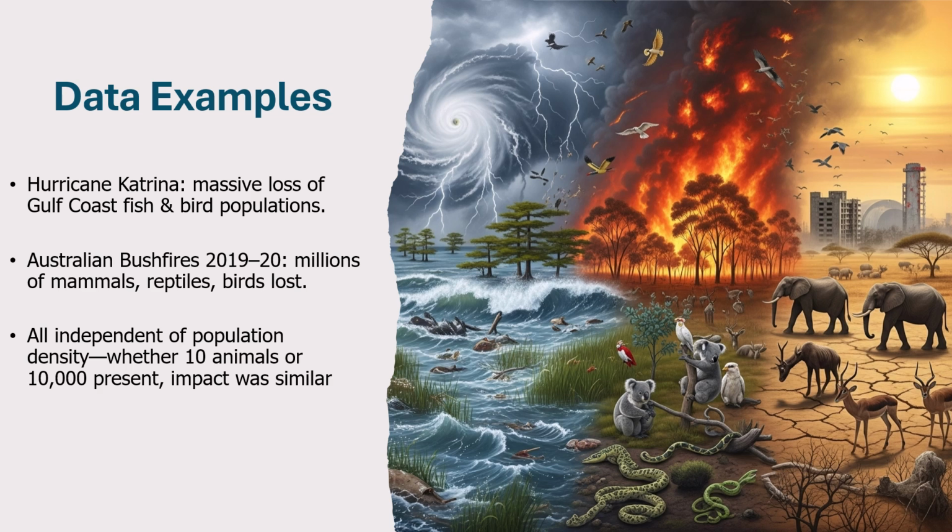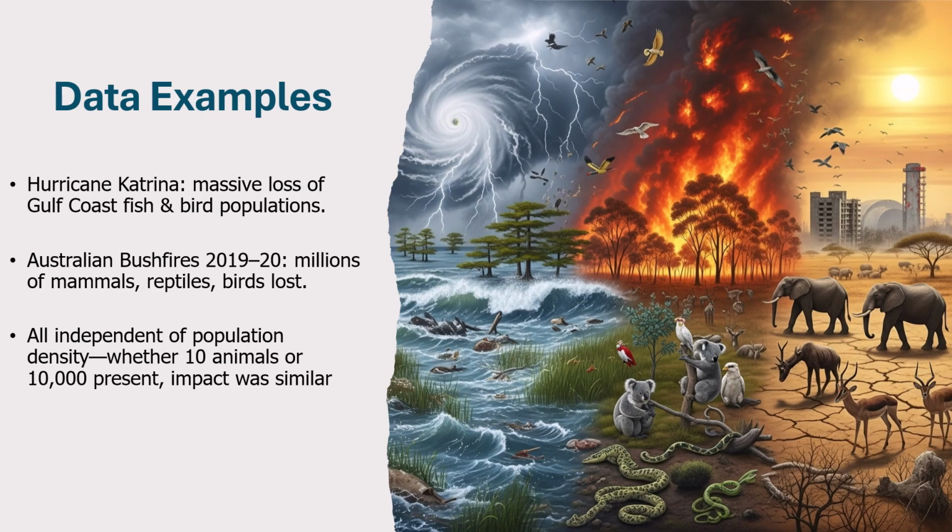Density-independent events abound globally. In 2005, Hurricane Katrina devastated Gulf Coast fish, reducing species numbers indiscriminately. In Australia, the bushfires of 2019 to 2020 killed millions of animals from koalas to reptiles, irrespective of local density.